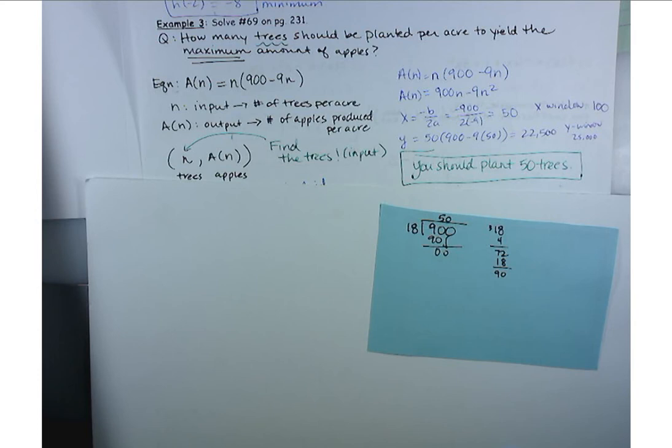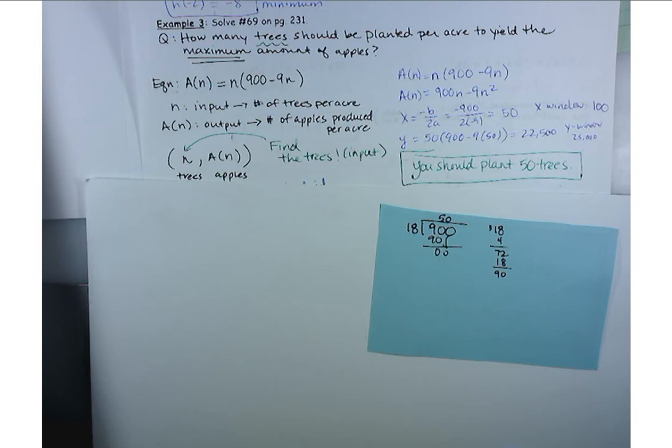Now, you are going to have to be able to do this without a calculator, but let's say that you were using your calculator. This one might be a little bit harder to find because your Y window would have to at least reach the 22,500 mark, right?